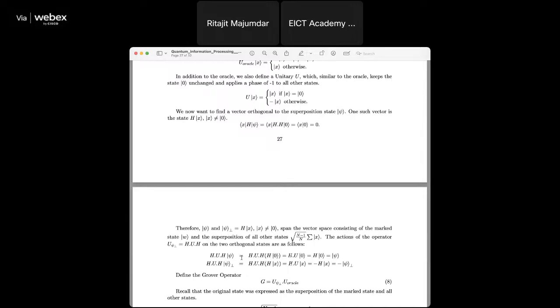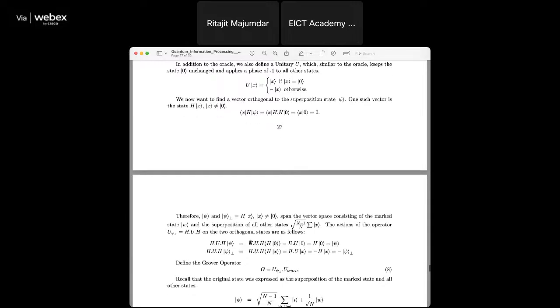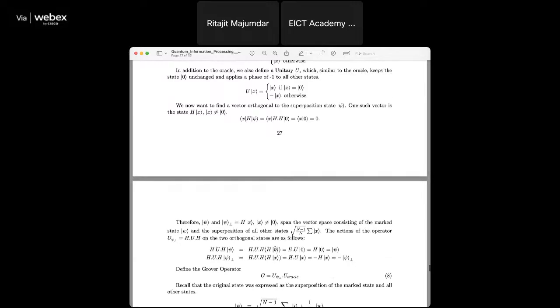Let's look into the orthogonal state of psi. What happens? This is H acting on x, where x is not 0. Previously we dealt with the case where this is 0, and if I'm saying that this is orthogonal to this, then it should be something other than 0. It can be anything, but it's something other than 0, definitely.